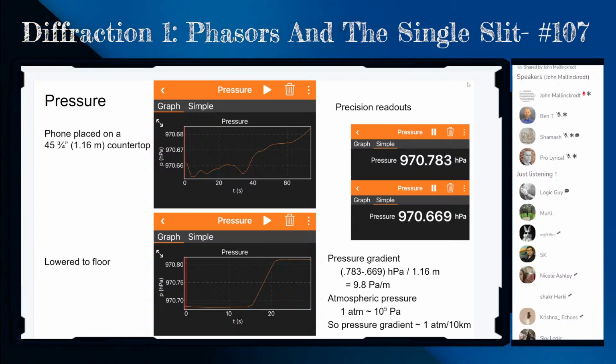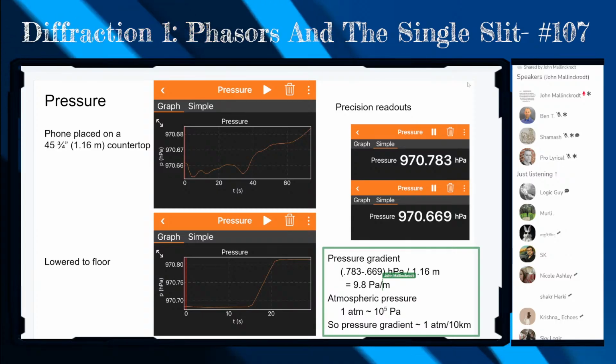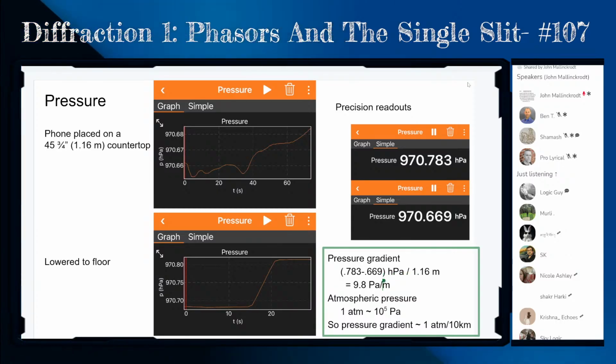And so you can get what's called the pressure gradient, the rate at which the pressure is changing with altitude, by taking the difference in those two pressures, dividing by the altitude difference. And I'm showing it there. What I end up getting is 9.8 Pascal per meter.